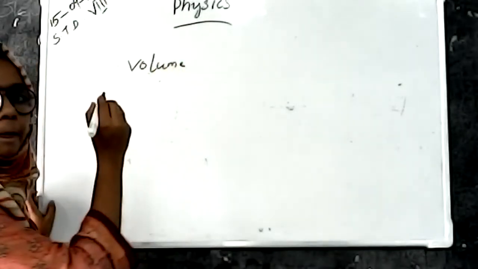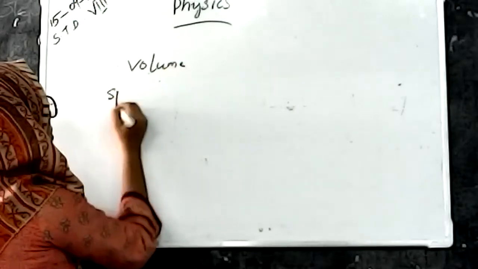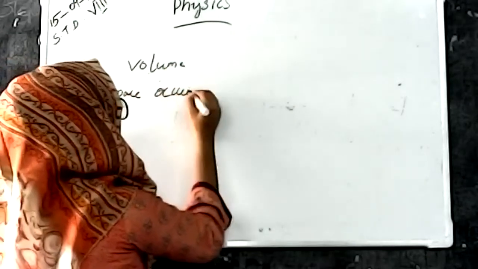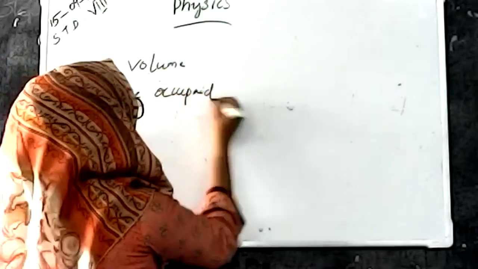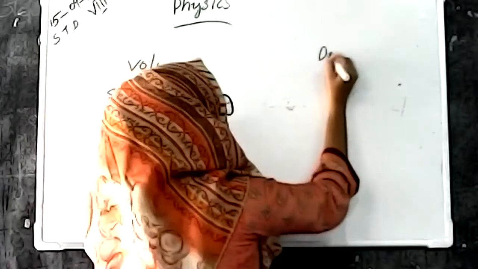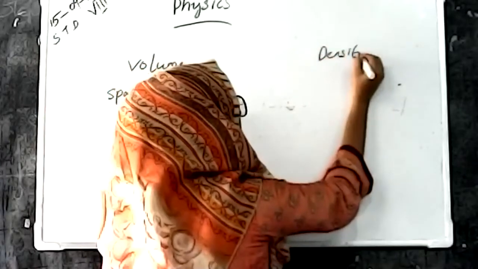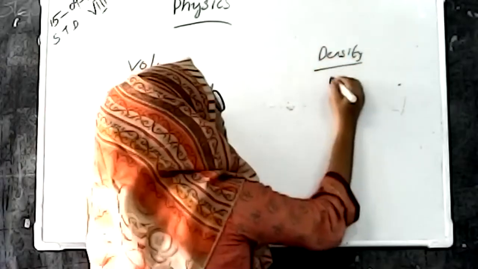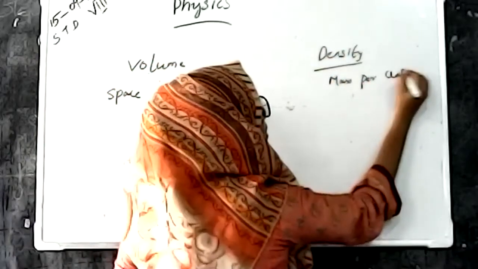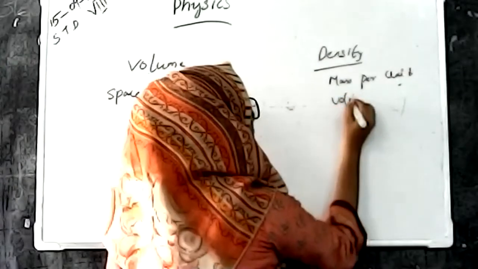The space occupied by a body is known as the volume of a substance, and the density of a substance is mass per unit volume.